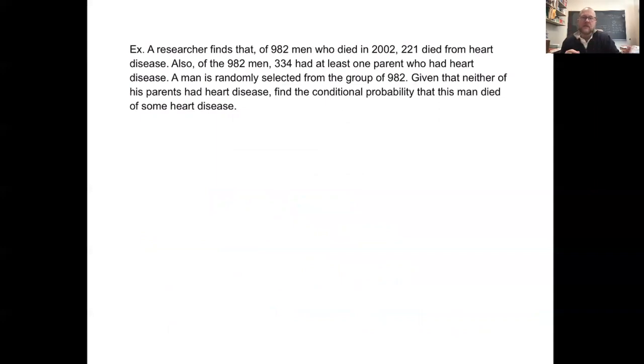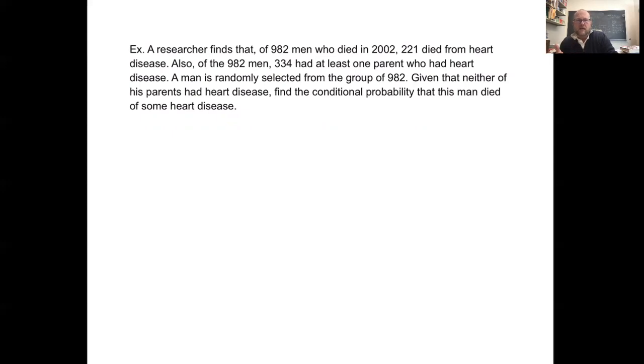Yeah, so this last one here, we're given a written out problem, and we're wanting to look at what we've got on that. And this, like with all of them, would be a good point for you to pause and see if you can parse this one out on your own. But it says a researcher finds that of 982 men who died in 2002, so that's going to be the total number from the study, 221 of them died from heart disease.